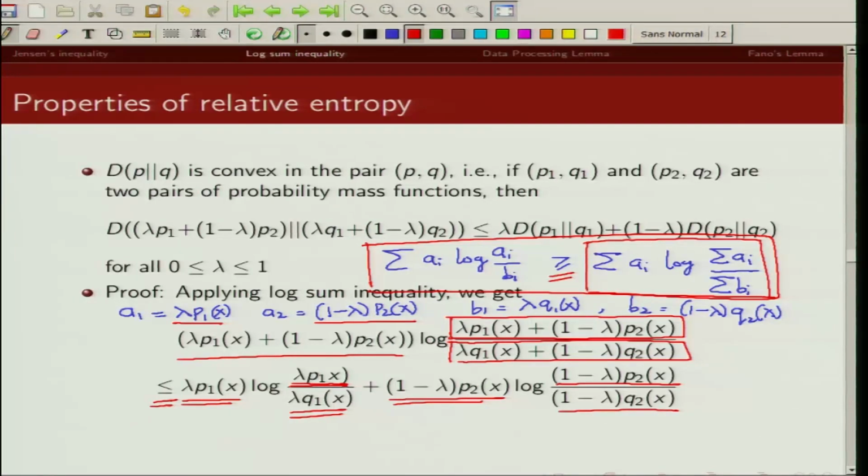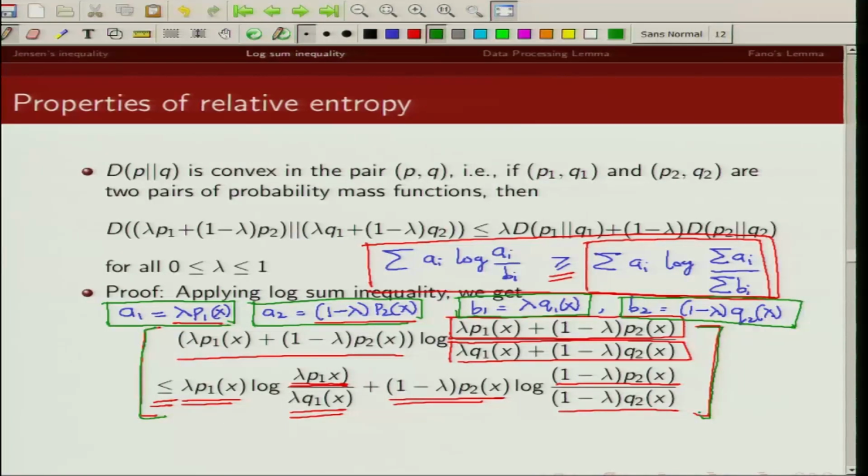This result which I have written so far is just a direct application of the log sum inequality, where I chose A1, A2, B1 and B2 to be given by these. So using the log sum inequality, I get this result.